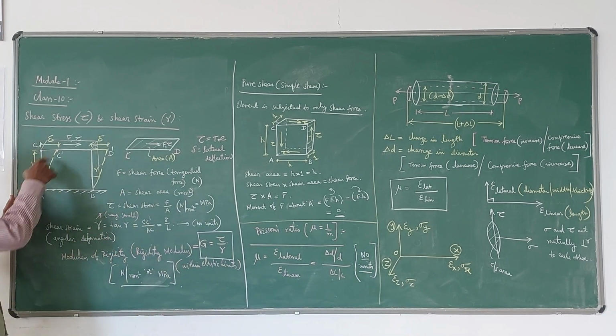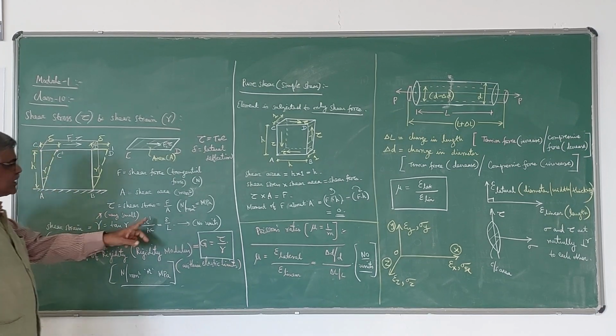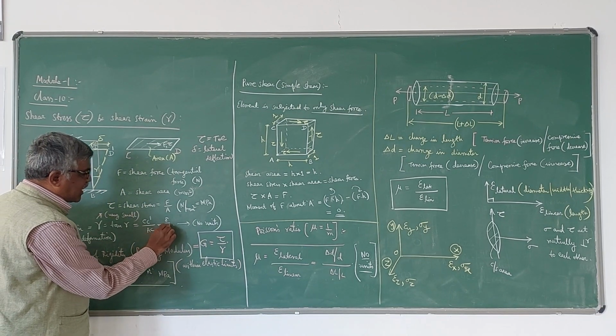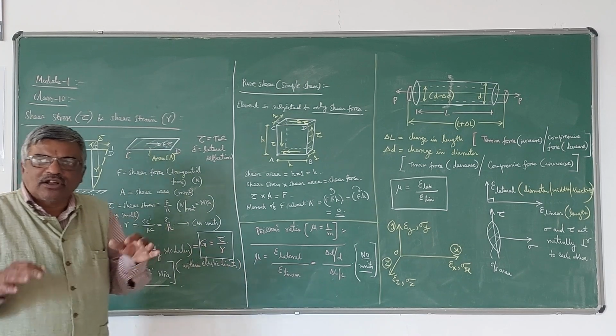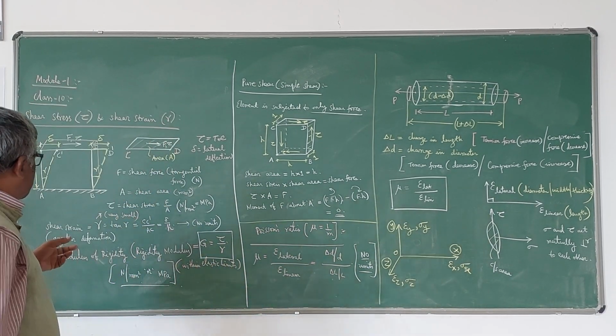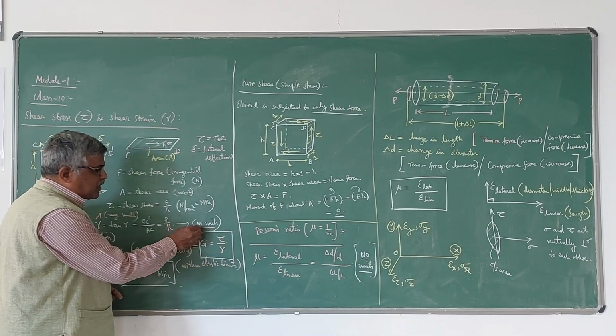Tan gamma in this triangle is the opposite side by the adjacent side, CC dash by AC. So that is delta divided by h. This delta divided by h has no units because delta is in mm and h is also in mm. The strain has no units. There are no units for shear strain.